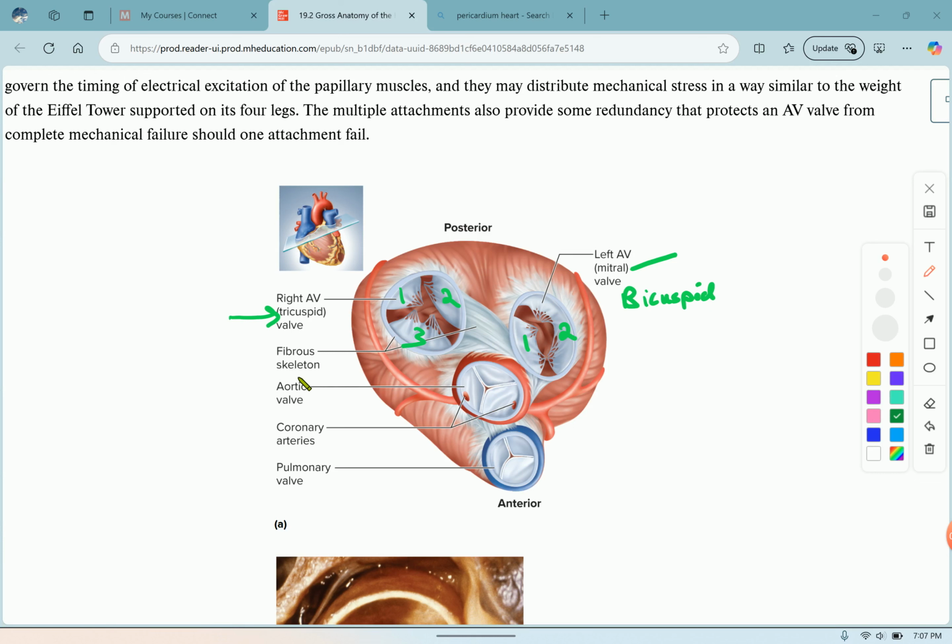You'll also notice the aortic valve, and those are the semilunars. And there's the pulmonary semilunar valve. At the moment, they're closed, and you'll notice that the AV valves are open.